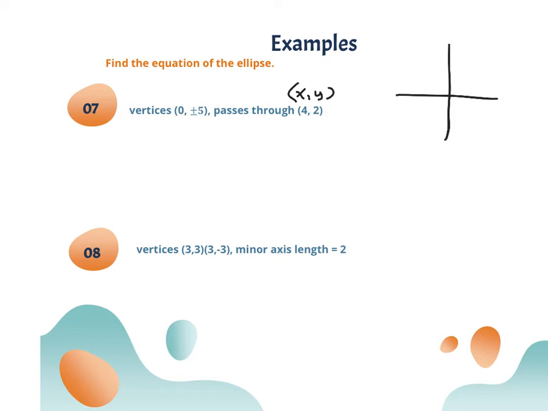This shows me that my major axis is going to be vertical, because the vertices are on the y-axis. So this tells me that it's vertical, and that a squared is under y squared.